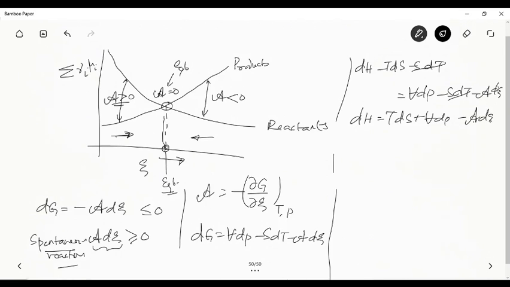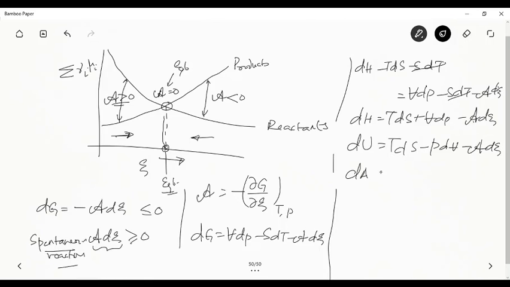Okay, so in the same way you can define dU. So you can write dH as dU plus P dV plus V dP. So the V dP would get cancelled, so it will actually become T dS minus P dV minus A d xi. And similarly dA, this is to note the difference between the two A's in writing.